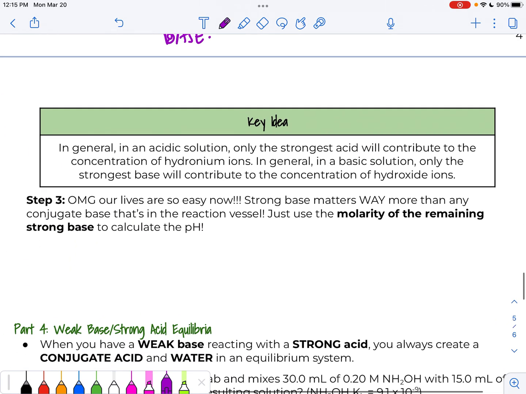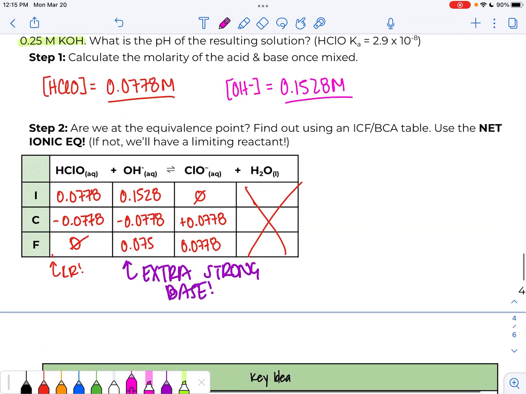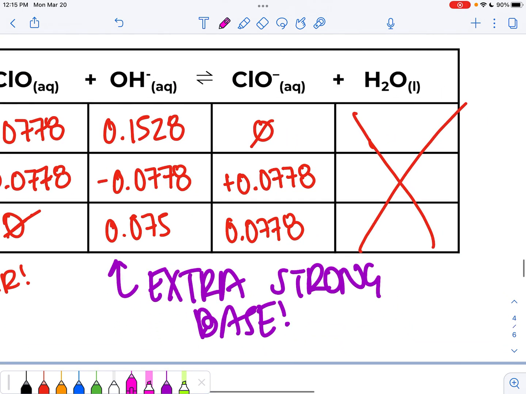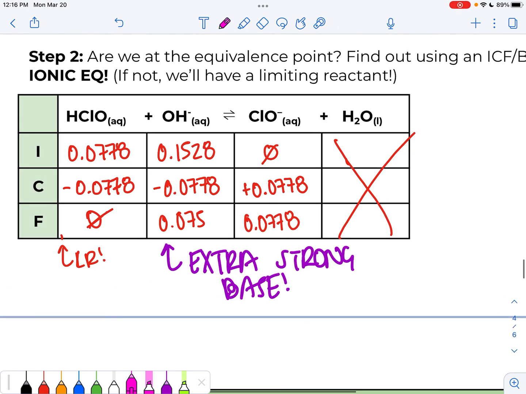So here's why this is important. In general, in an acidic solution, only the strongest acid will contribute to the concentration of hydronium ions. In general, in a basic solution, only the strongest base will contribute to the concentration of hydroxide ions. We've got two bases here, OH minus and ClO minus. OH is a strong base.